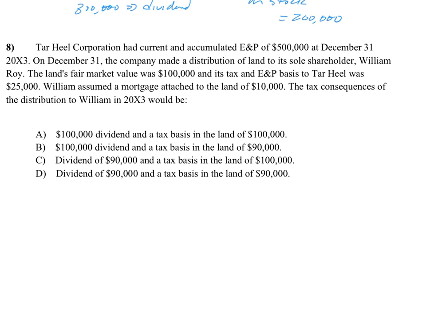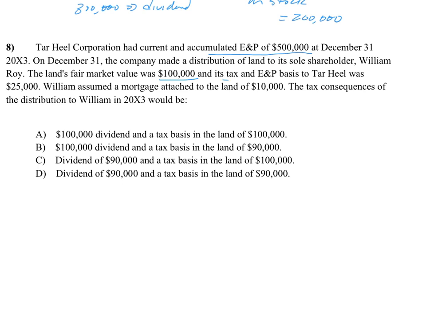All right, so this is really kind of a statutory question, because what do we have? We've got a corporation with earnings and profits of $500,000, and they're distributing property. The fair market value of that property is less than the amount of earnings and profits, so we don't have issues there.